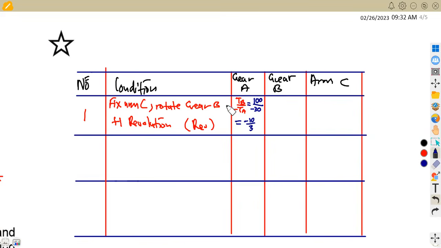So that's A. For B, remember B is the one that has got a +1 revolution, so this one is going to be a +1, which we can just write as 1. Then for arm C, the arm C is the one that we said is fixed. So it's a fixed point, there is no rotation at this arm, so it is going to be 0.